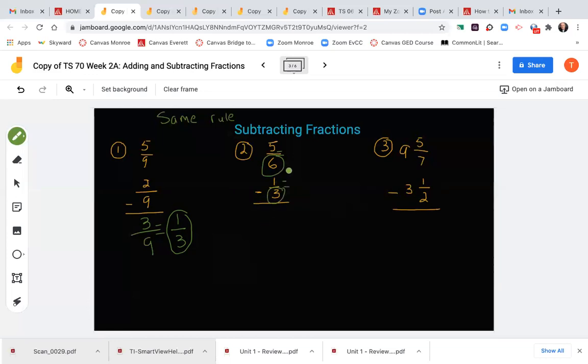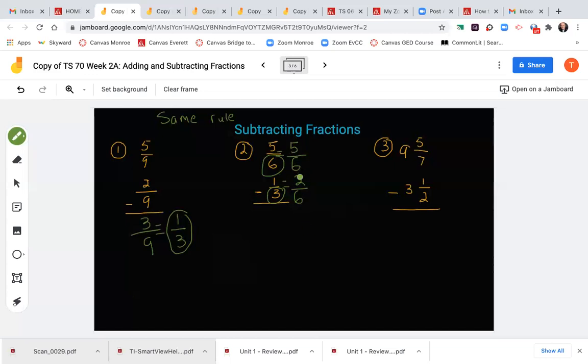Well, if you're thinking it's like 18 or 12 or something, don't forget that 6 is actually the lowest number that they both go into, okay? And why is that? Because 6 goes into itself once, and 3 goes into it. 3 became 6 by multiplying by 2, so 1 times 2 is 2. 6 became 6 by multiplying by 1. 1 times 6 is 6. So 1 times 5 is 5.